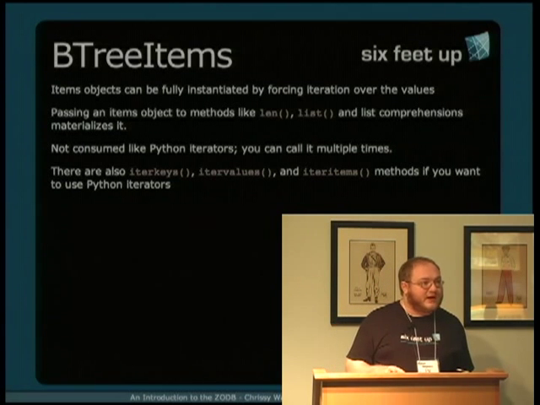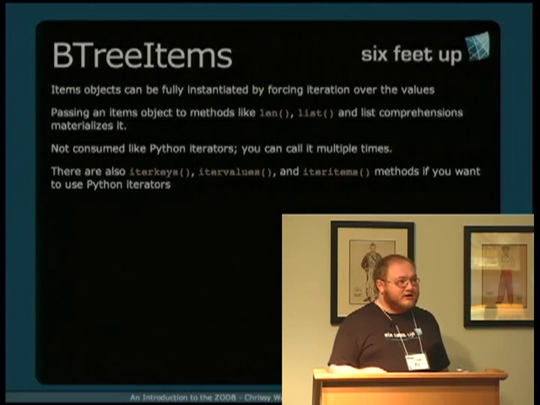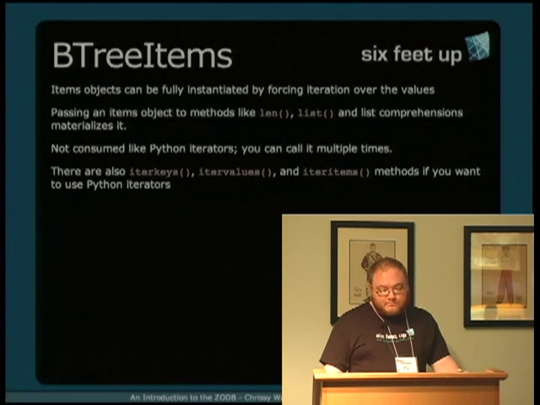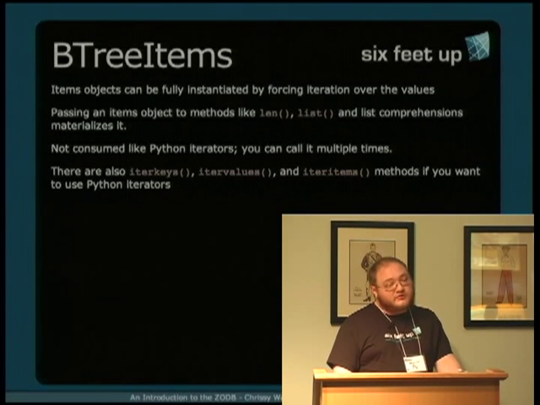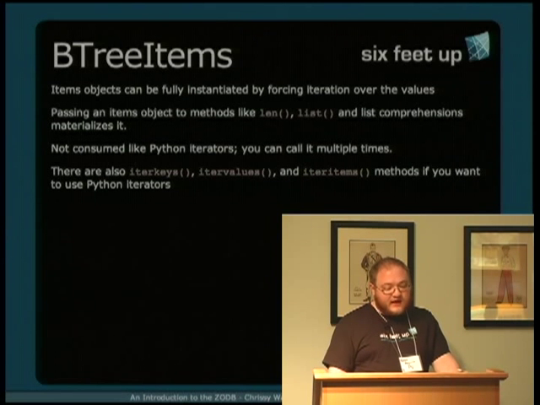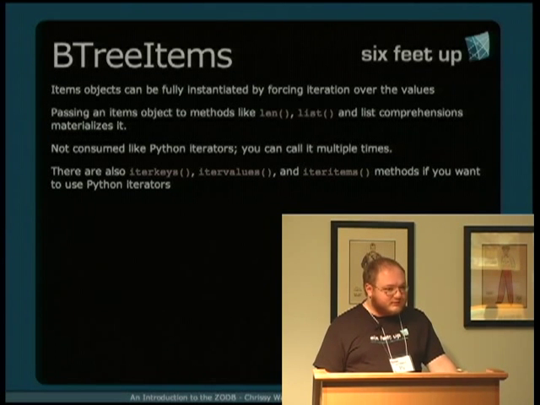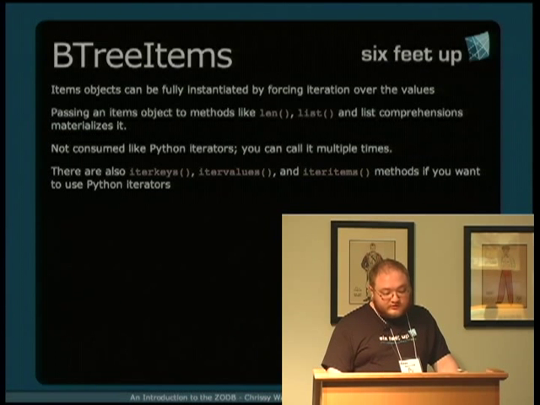These aren't consumed like Python iterators. They actually predate the iterator interface. So one difference is you can call it multiple times. It's not consumed and then you have to recreate it. But if you do want to use the Python iterator interface, they have iterkeys, itervalues, and iteritems if you want to call that instead, which will then produce stuff using the Python iterator interface.